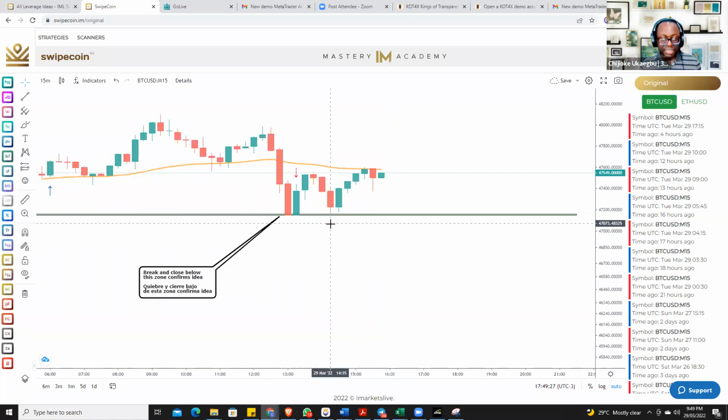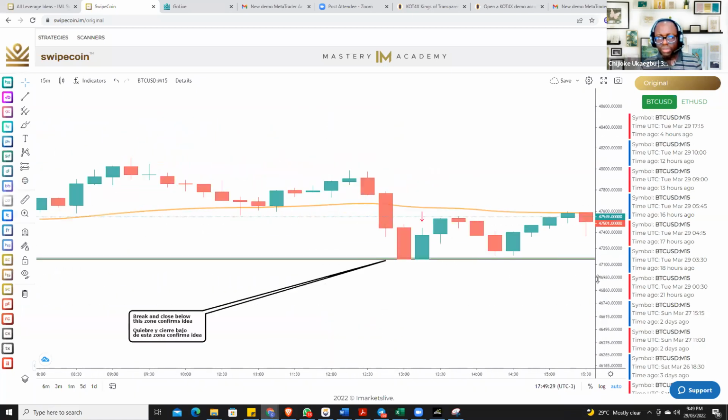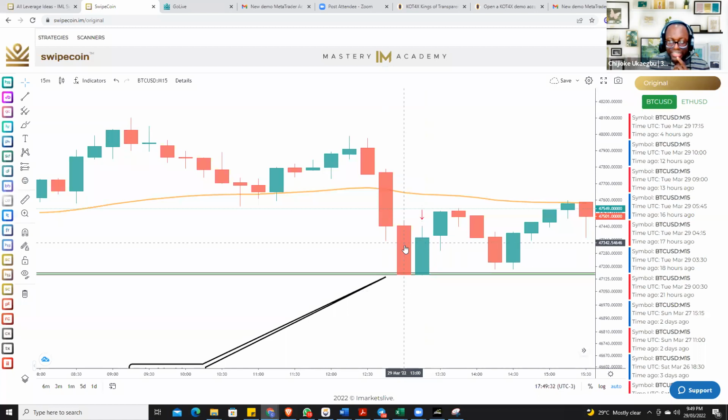Let me expand this so that you can see. And let's focus on this candle right now. If it's a red candle, the open price is higher than the close. Just know that. That is how this thing is formed, and that is why this thing is red. The highest point that price got to, you can see by this small extension that goes beyond the open price.